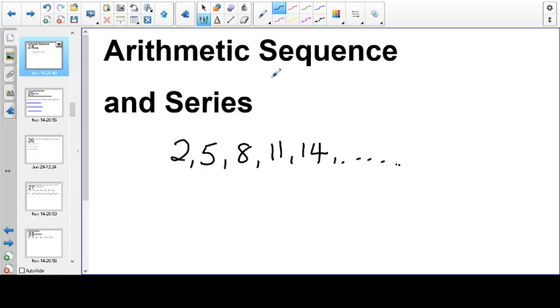We generally call them arithmetic sequences, and there's a whole section about them. There's much more that we can do with them rather than just working out the nth term. So the next set of videos is all about, in particular, these types of sequences, arithmetic sequences.